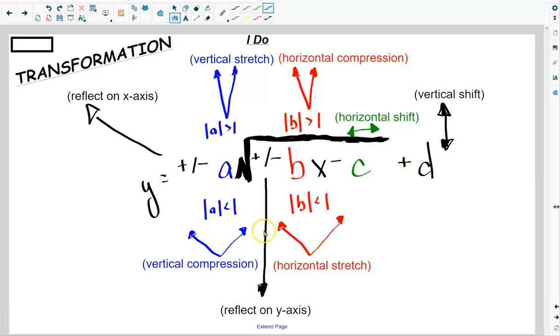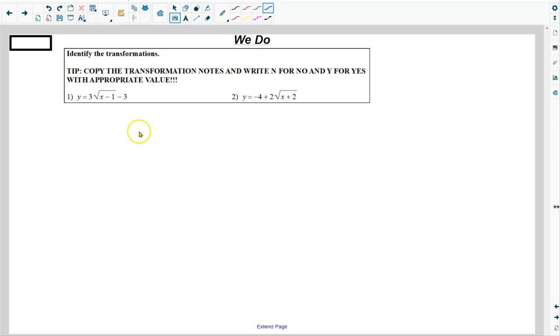The most difficult thing that I've seen is this absolute value of A. This means ignore the sign. Just look at the distance, the absolute value. So even if this was negative 2, you ignore the negative for this part. You just look at the 2. Is 2 bigger than 1? Yes. Is 2 less than 1? No. Same thing here. So that's what we'll be looking at in class.